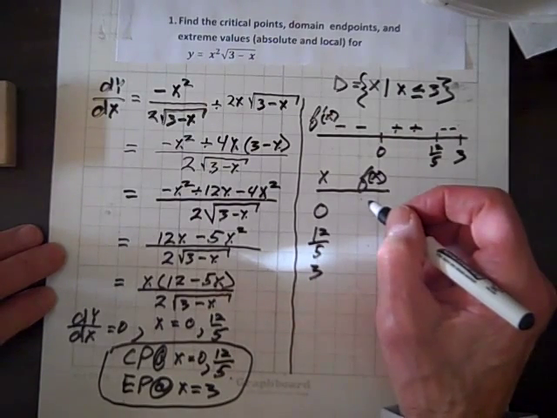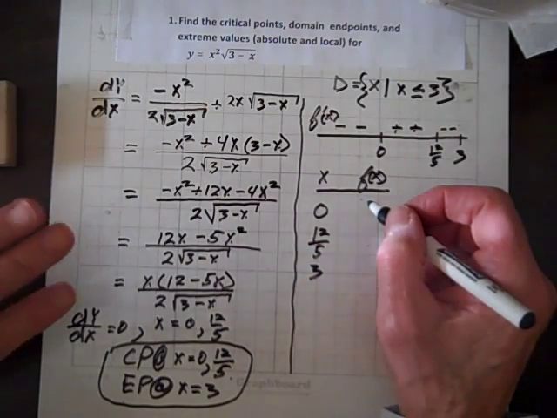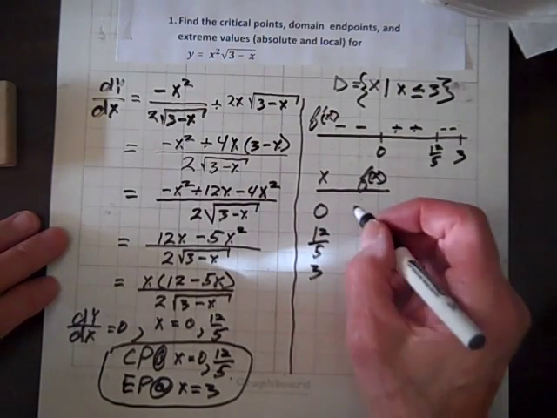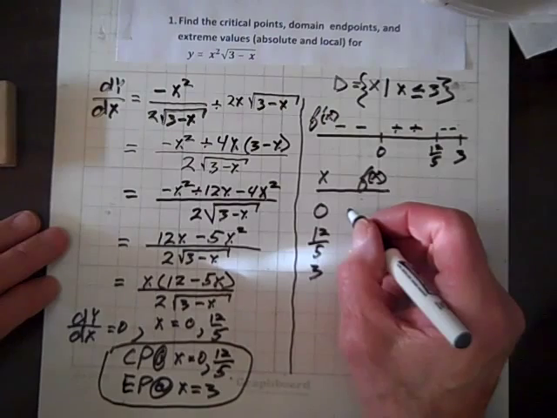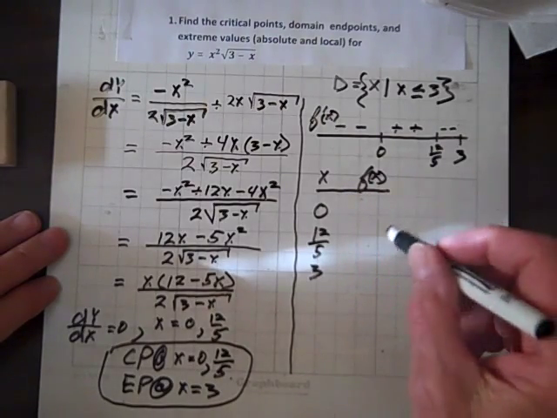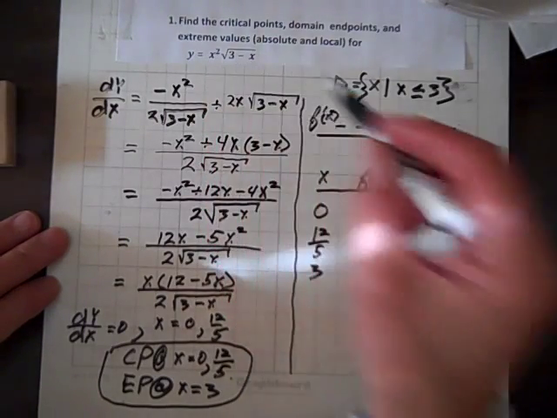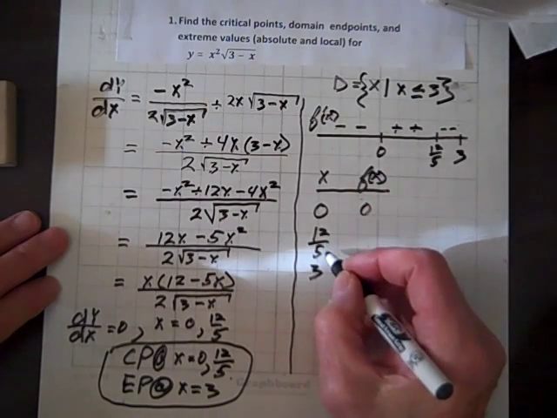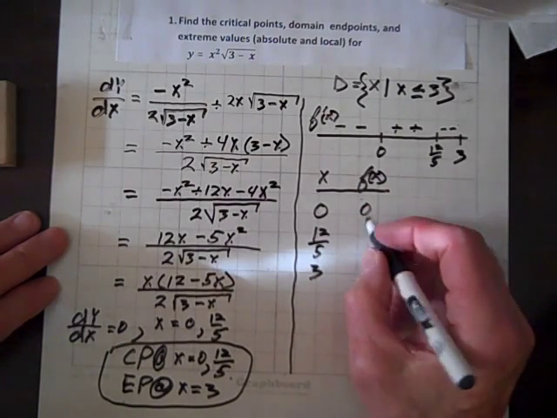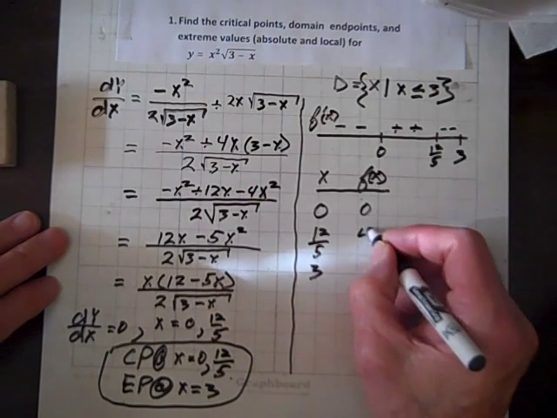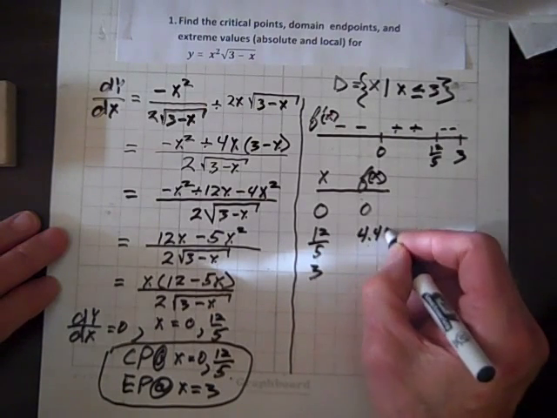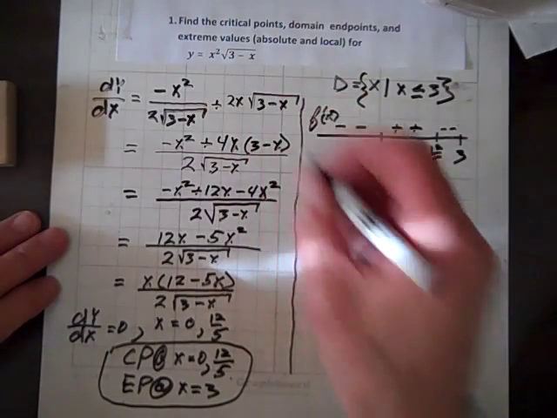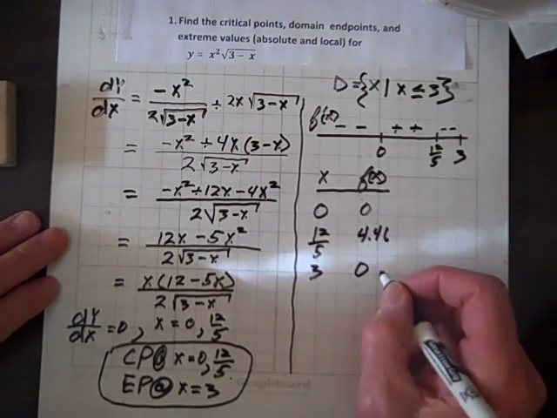And we want to know if we can find a local max, a local min, an absolute max, or an absolute min. So when x is 0, and now we're evaluating y for this value, when x is 0, we get 0. When x is 12/5, if you do the calculations, I come up with approximately 4.46. And when x is 3, we're going to get a 0.